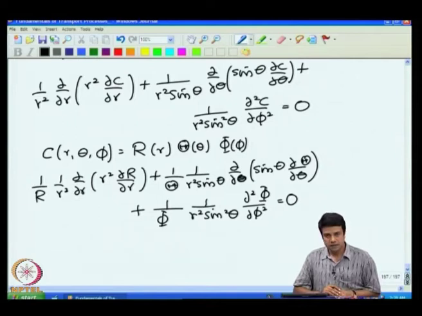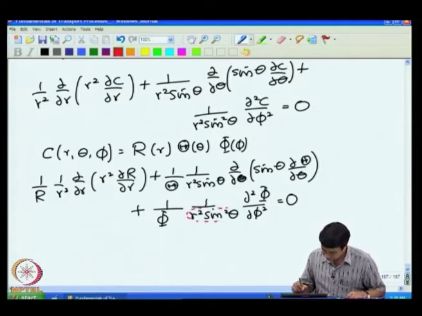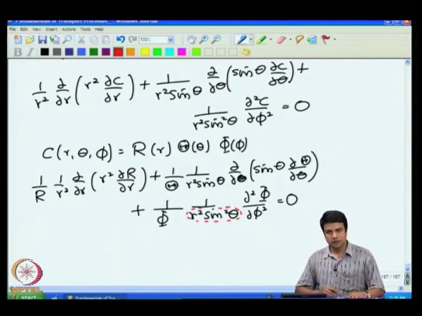So, first thing is I multiply everything by r square sin square theta. Multiply all terms by r square times sin square theta.